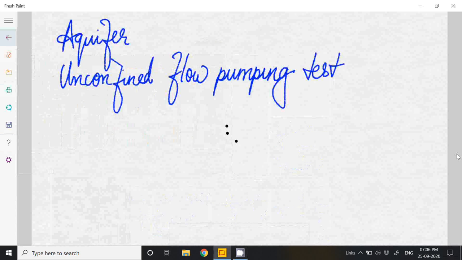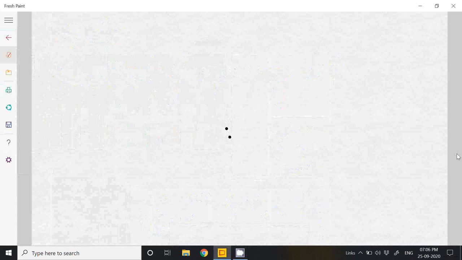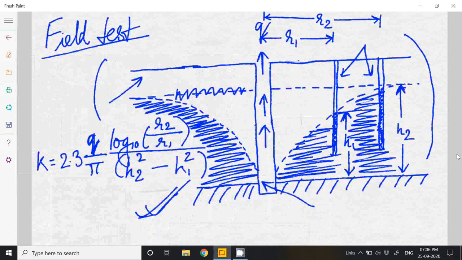If I go back to the diagram, this whole soil mass, this water layer, initially it was here. Finally, the final shape of the water layer is here. But this water layer is not confined by any impermeable strata above.